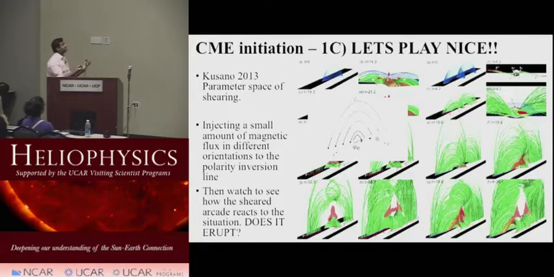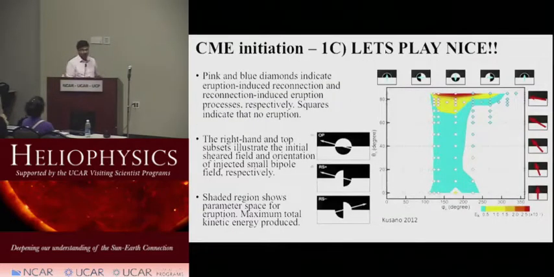And then he had a look to see if that actually causes an eruption, if the instability occurs. He orientated this small injection and looked at lots of different parameters, different angles. These are all the different scenarios he worked out, and he looked at them very methodically.